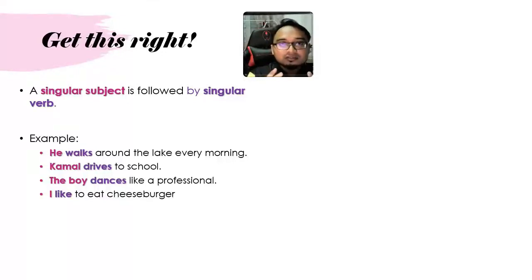The subject does not have an s at the end of the word, because we always know that if a word has s at the end, it means plural, many. So the subject does not have s, it is singular, and it is followed by a singular verb. A singular verb has an s at the end of the verb. So that's why: he walks around the lake every morning.